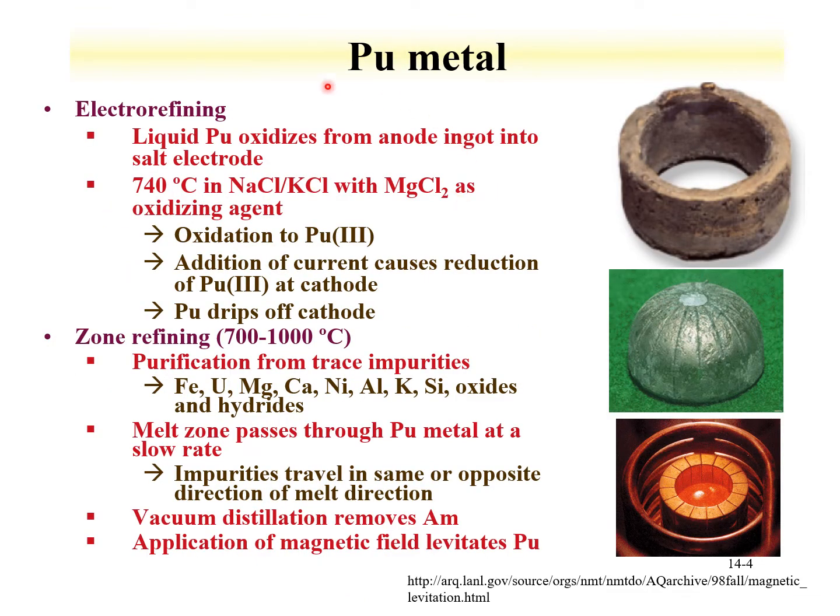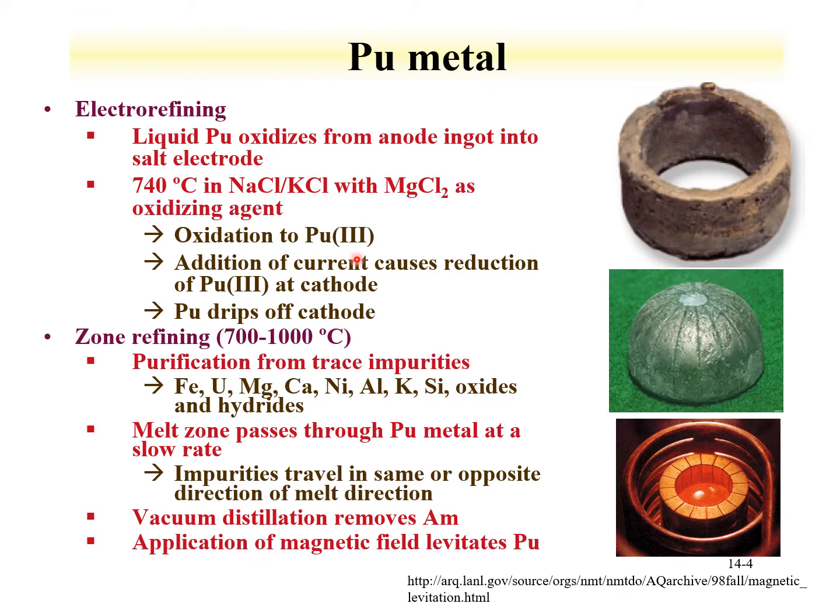Electrorefining is a process where plutonium is formed into a metal in a molten salt system. In this case, liquid plutonium can oxidize from an anode ingot into an electrolyte salt. The salt is at elevated temperature above the melting point of plutonium metal, so the plutonium can be introduced, oxidized to plutonium-3.